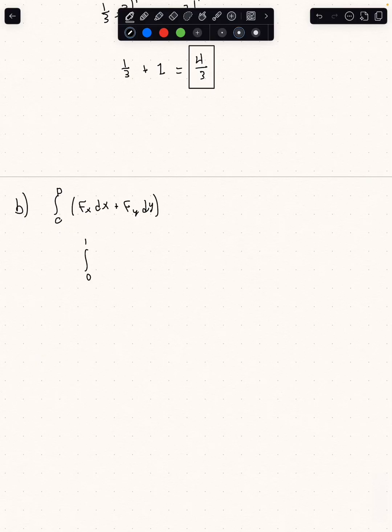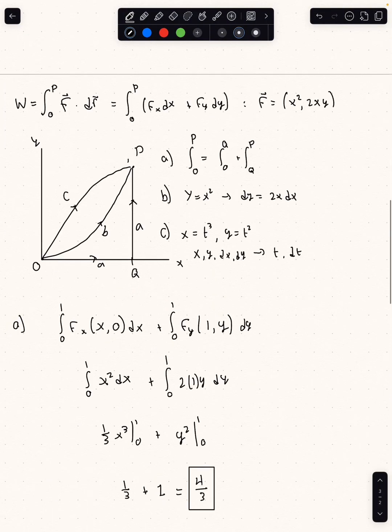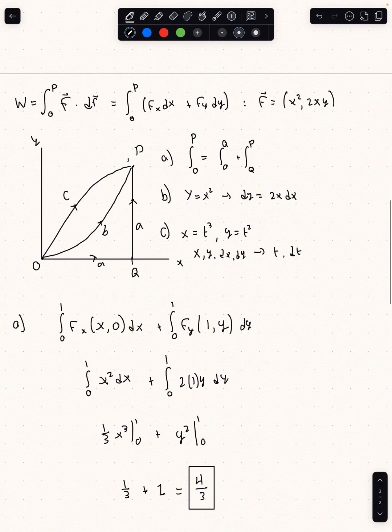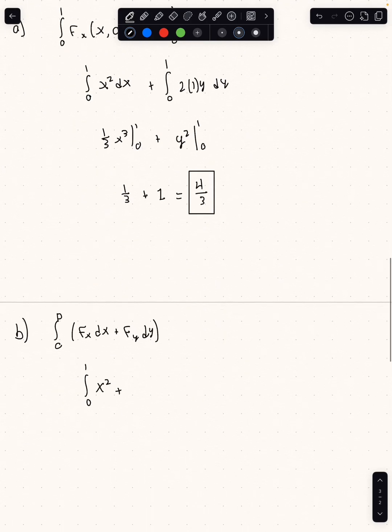So this will give us x squared, and then we will have 4x to the 4th, and that will be dx.